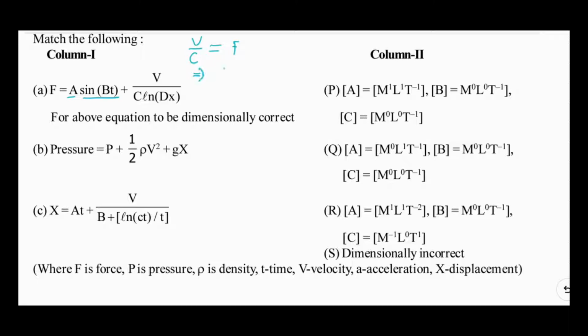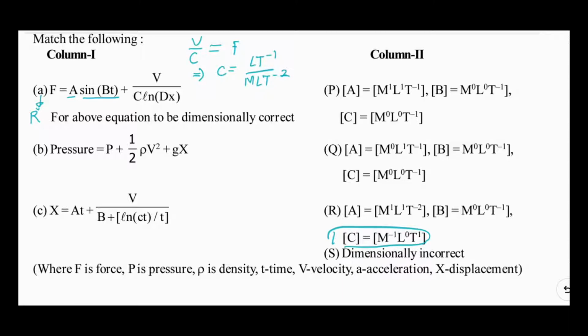So I can get the dimension of C as the dimension of V, which is LT minus 1, divided by the dimension of force, which is MLT minus 2. If you observe correctly, L and L get cancelled out, T to the power minus 2 will come in the numerator, so it will become T only, and M inverse. And the same dimension is written here. So option A is correctly matching with option R. In column 1, option A is matching with column 2's R.